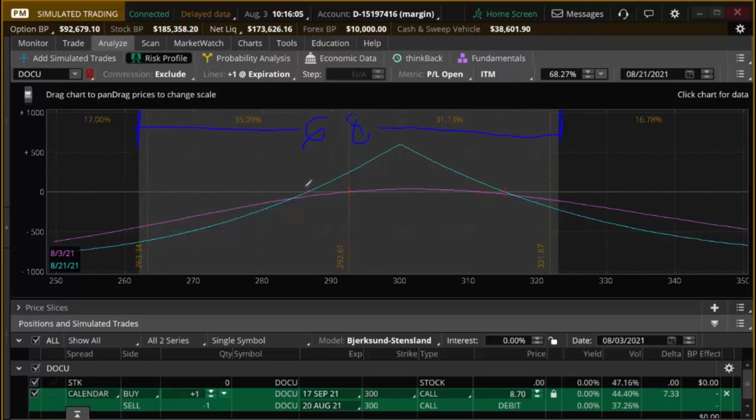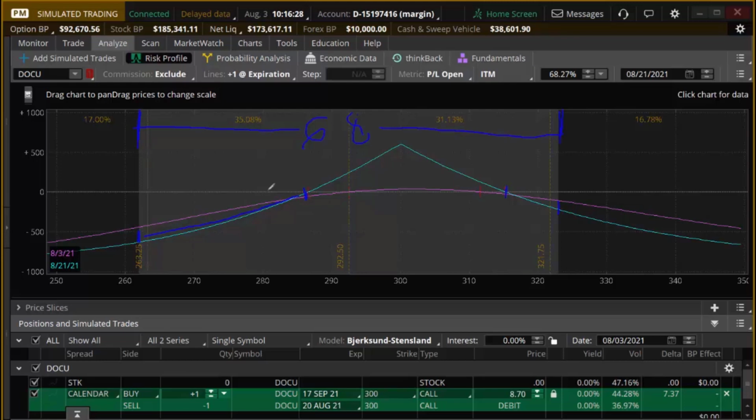Now, our profit zone, you can see, is this window. Is it better for us if this is a little too bullish or a little too bearish? Well, you can see that if it's a little too bullish, we're in a better spot than too bearish, given its probability.